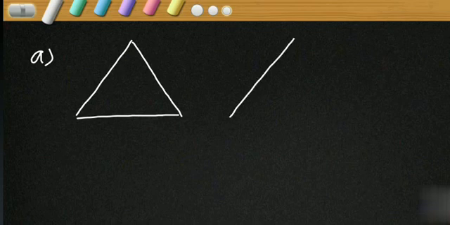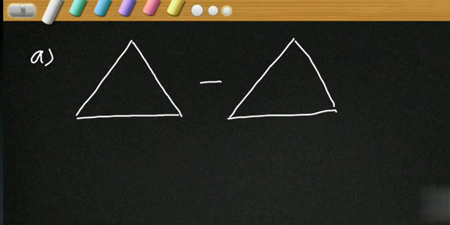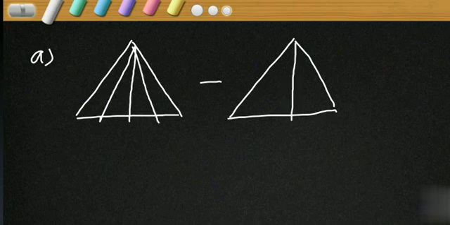Understood? First one, please draw one triangle and one more triangle of the same size, and these triangles have been divided into 4 equal parts.